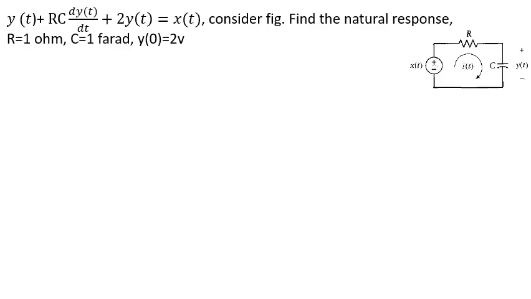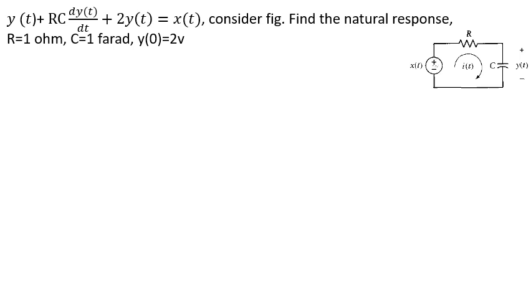So here we have the same example we have previously encountered two times, once when we were finding the particular and the homogeneous solutions, and now the third time for finding the natural response. The conditions are again similar.